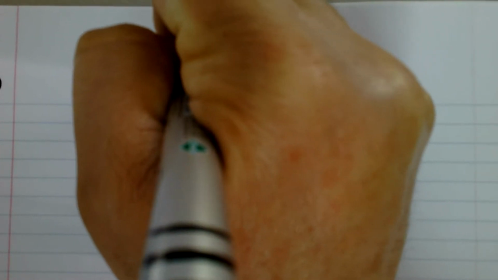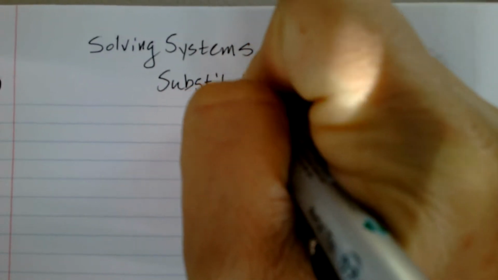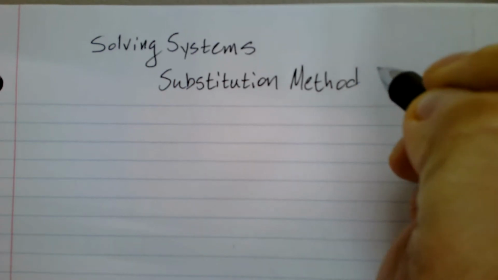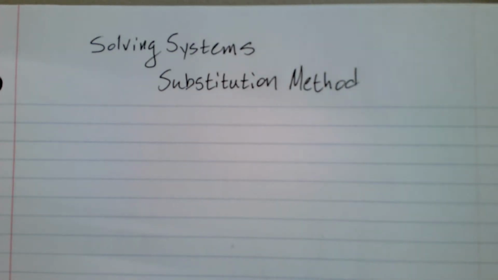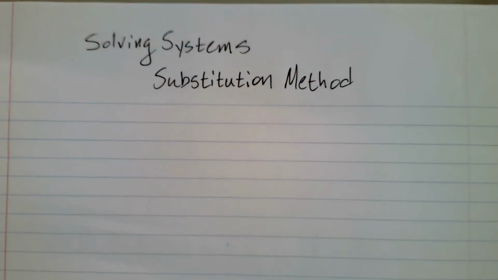It's still under the title of systems, so we don't need to put anything in the table of contents, but let's just say solving systems, and we're just going to call it the substitution method. Solving systems, substitution method.